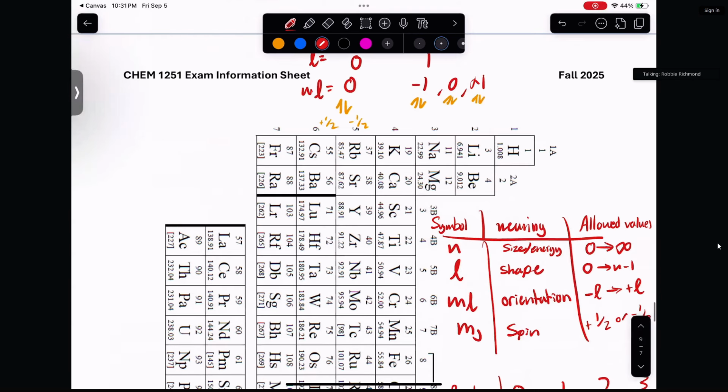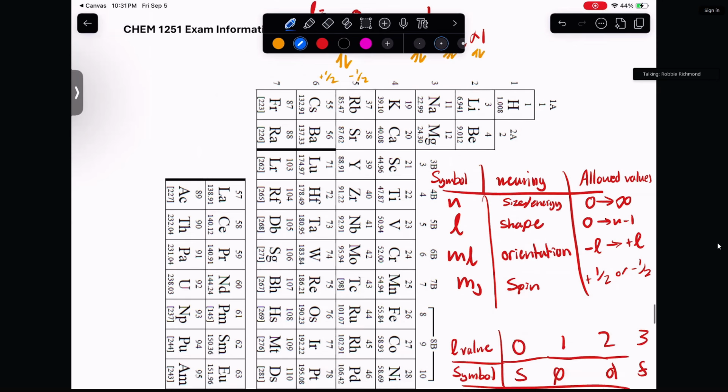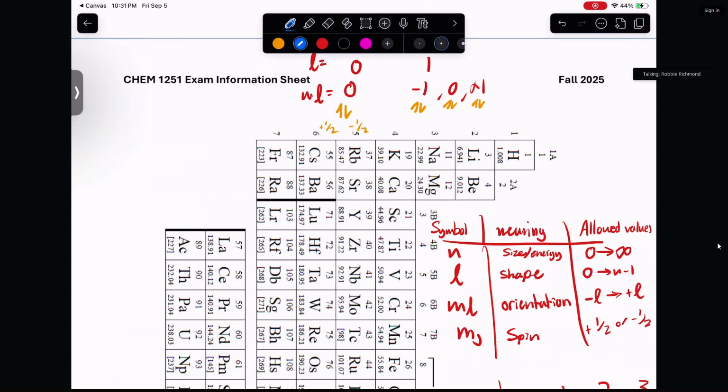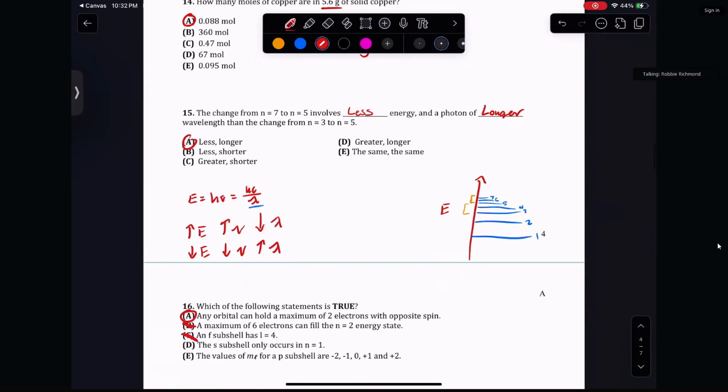Just because L can have a range of 0 to n minus 1 does not mean that it has to be n minus 1. So if we had a principal quantum number, let's say n equals 3, L can be anywhere from 0 to n minus 1, in this case 2. So L can be 0, 1, and 2. And that's proven in how we organize the periodic table, as we just went over in class.